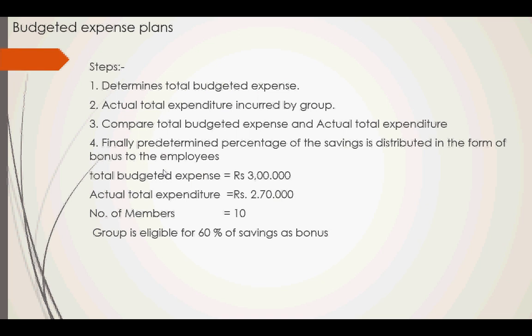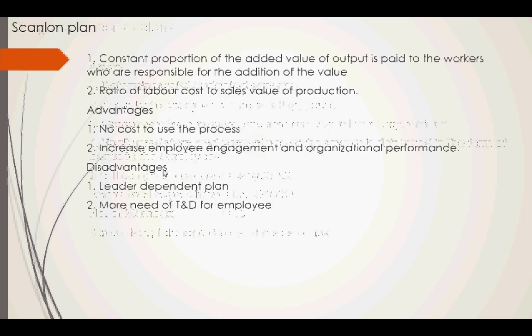For example, the total budgeted expense is 3 lakhs and the total actual expenses incurred by the group of 10 people is 2,70,000. The group is eligible for 60% of the savings as bonus. So this is a kind of motivation for the employees to get more and more incentives.